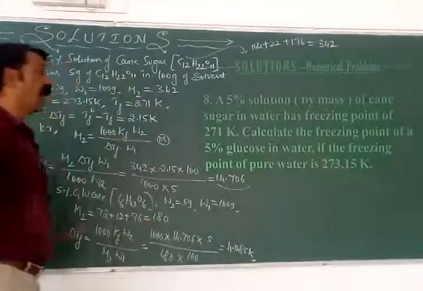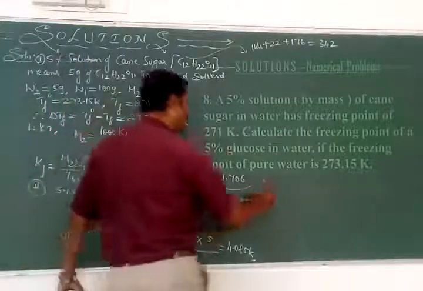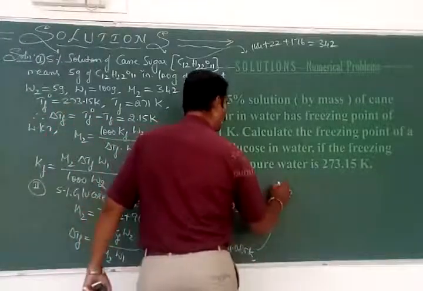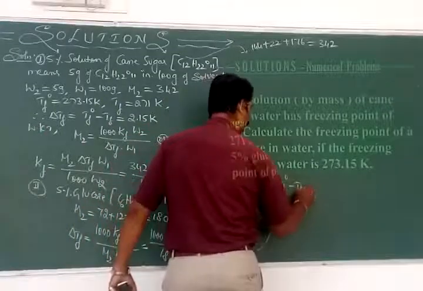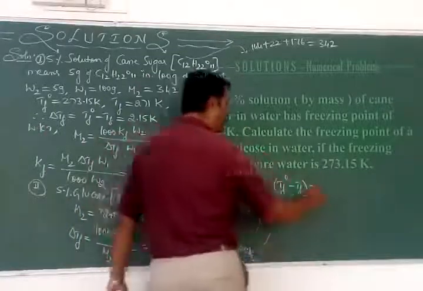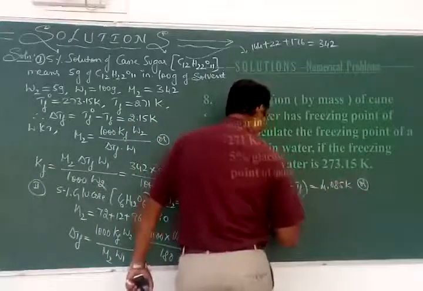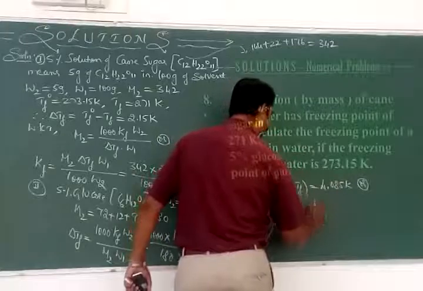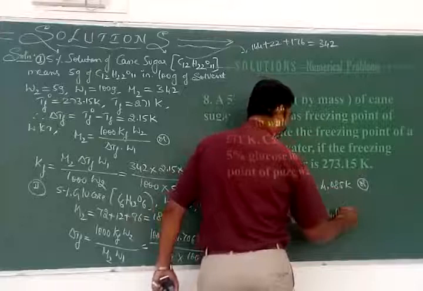in terms of Kelvin. But I need the freezing point of the glucose solution. Therefore, delta Tf is nothing but Tf naught minus Tf, which is 4.085 Kelvin. I need the value of Tf, which is Tf naught minus 4.085.